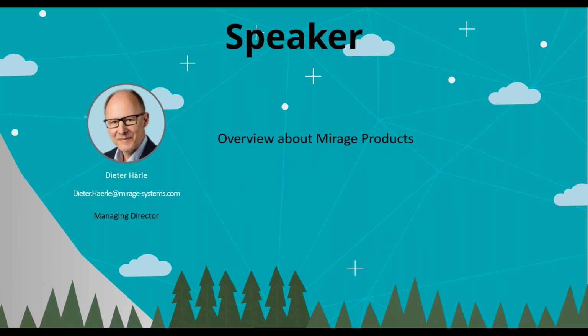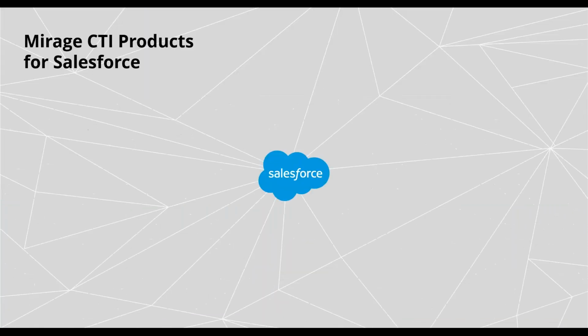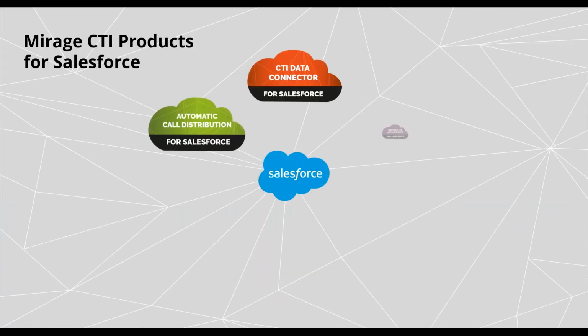Thank you, Annika. Mirage offers different CTI products. The main product, CTI Data Connector, is perhaps the product which you are already working with. Then we have a product called Automatic Call Distribution, which allows you to do a call distribution based on Salesforce data.